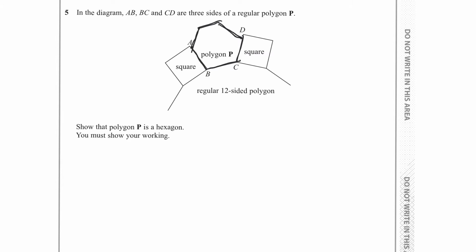So in order for us to do that, let's look at the regular 12-sided polygon. I've got a video on angles and polygons, linked above, if you need to do a revision of that first. So in order to work out the exterior angles of a regular polygon, you always do 360 divided by the number of sides. So for the 12-sided polygon, the exterior angle would be 360 divided by 12, because there's 12 sides, which would be 30 degrees.